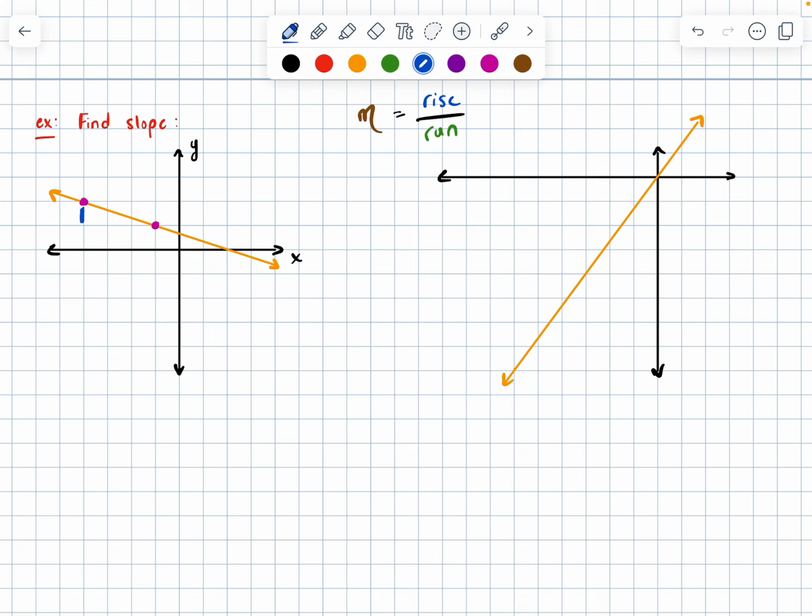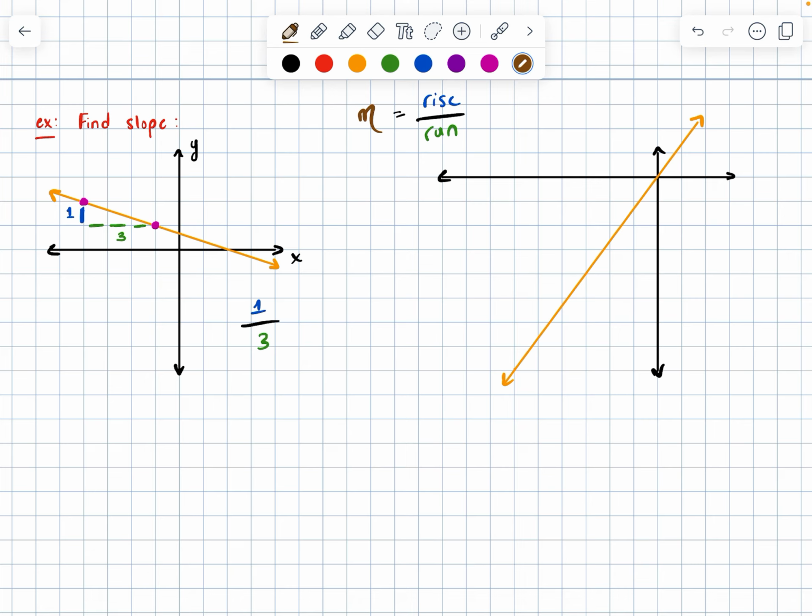To calculate slope, all I need to do is figure out the rise, in other words, how much I go up or down. This here is 1 grid unit. And then my run, how much I go left or right to get back to that point. So I'm counting 3 units over to the right. My slope here is going to be a rise of 1 over a run of 3.